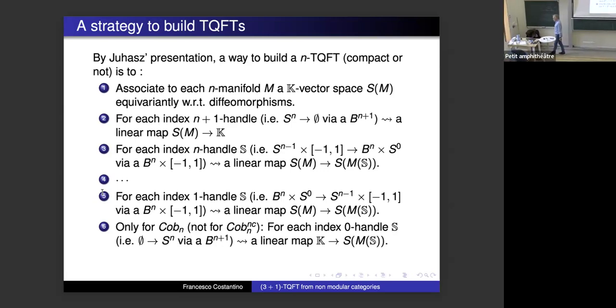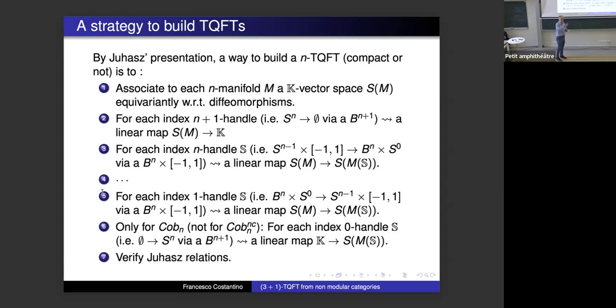If you are not interested in Cob_n, you don't care about this step. Finally, once you have decided how to glue the handles, how to operate linearly on the skein spaces, you have to verify the relations. That's the hard part. Actually, it turns out in our case, it wasn't the hard part.